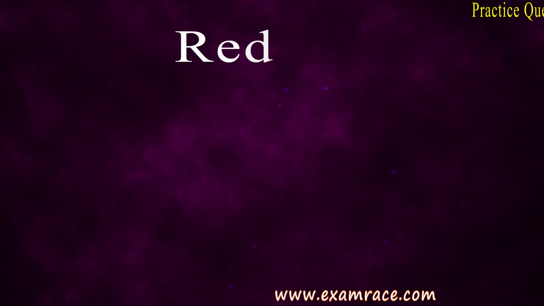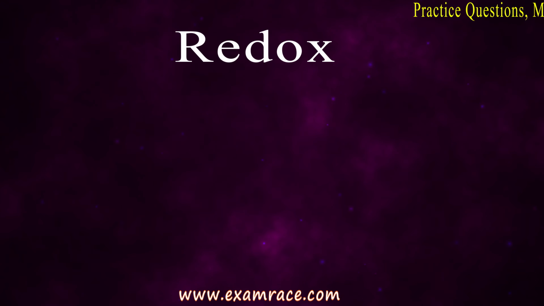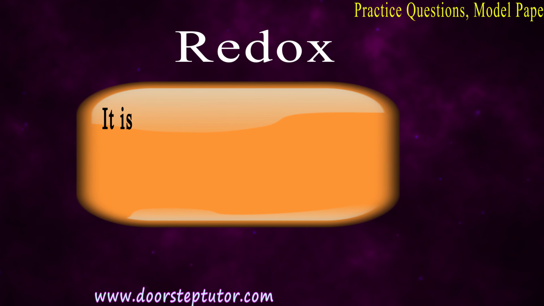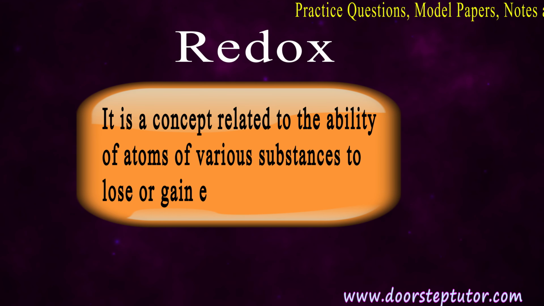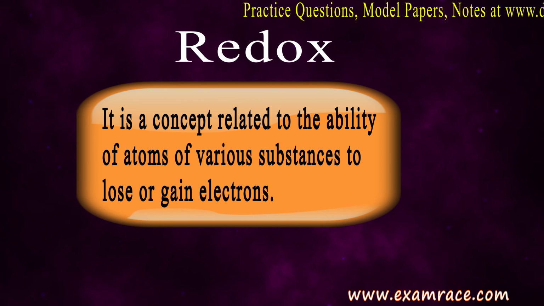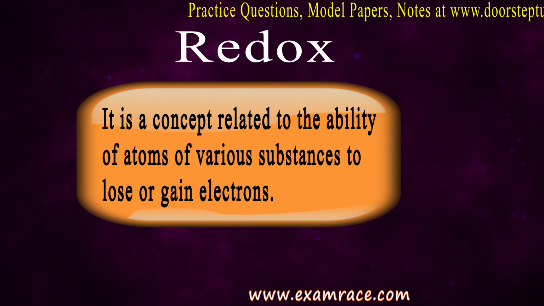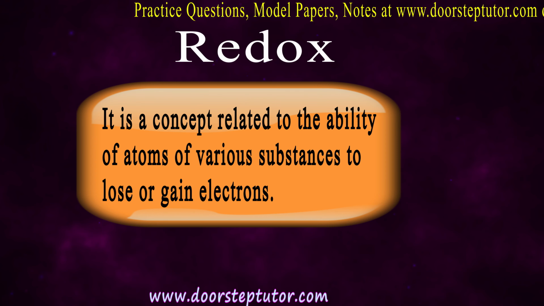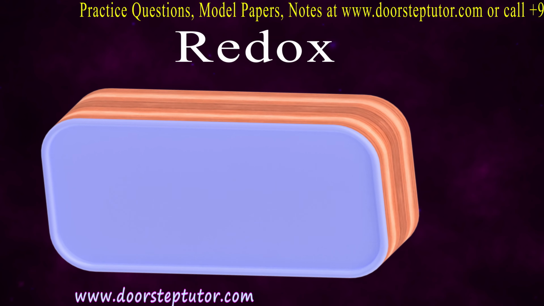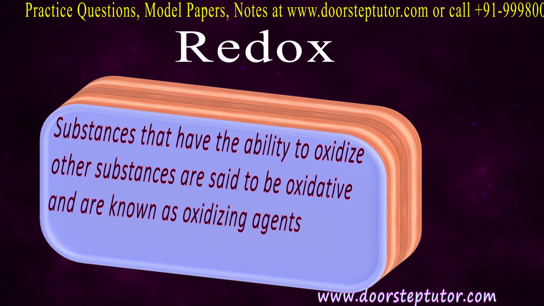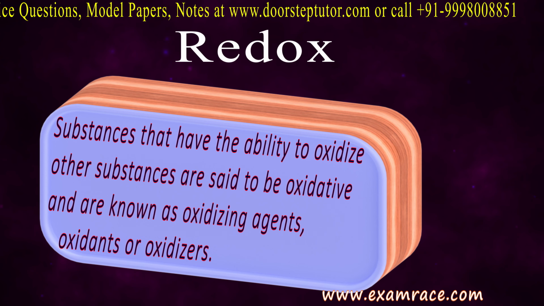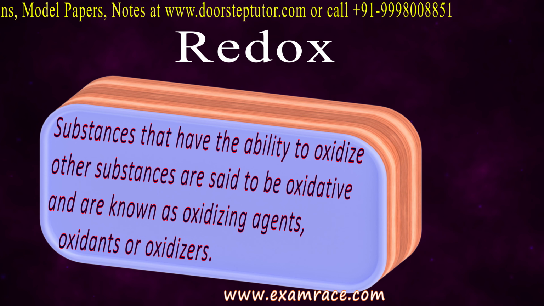Now let's talk about redox reactions. It is a concept related to the ability of atoms of various substances to lose or gain electrons. The substance which has the ability to oxidize another substance is said to be oxidative.